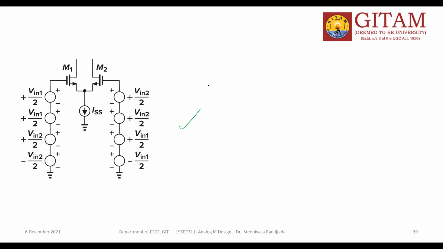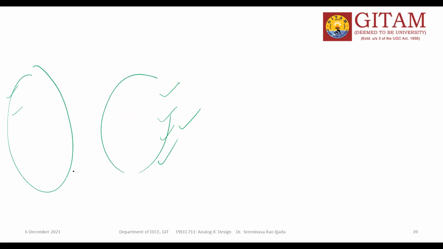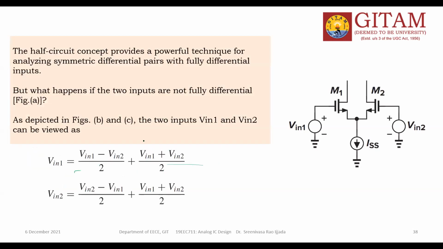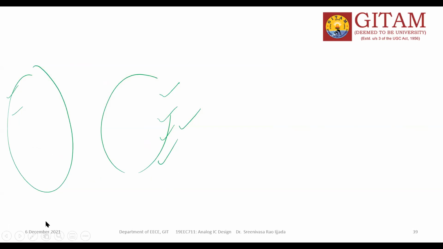We can represent it like this: plus Vn by 2, plus Vn1 by 2, plus Vn2 by 2 and minus Vn by 2, and on this side plus Vn by 2, plus Vn2 by 2, plus Vn1 by 2 and minus Vn by 2. 1, 2, 3, 4 terms and 1, 2, 3, 4 terms. So that is why this side is four terms and this side is four terms.